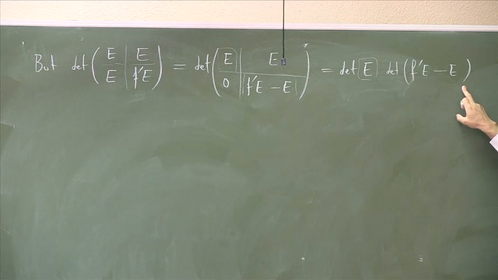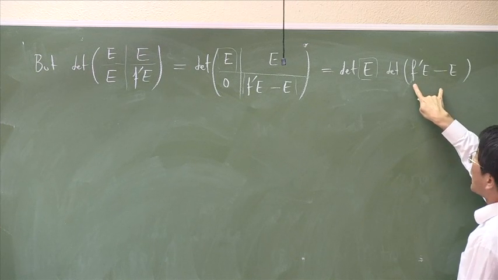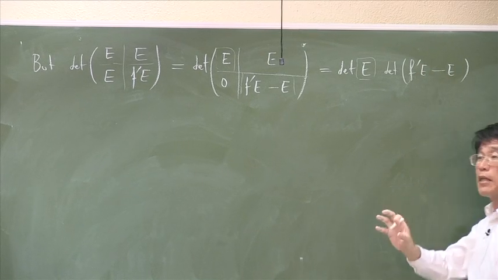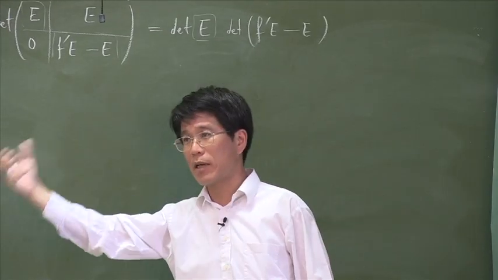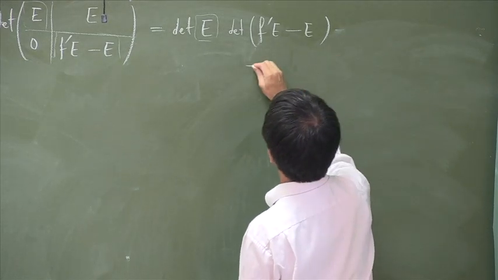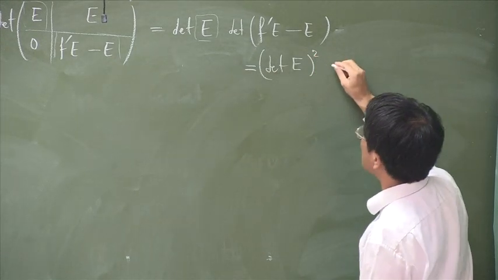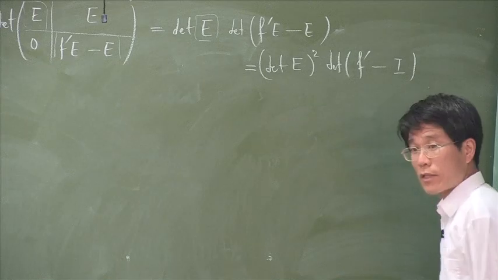I can do a little better. You see, inside this second determinant is f prime minus the identity times e. And determinant is multiplicative. If you have the determinant of AB, it's the same as determinant of A times determinant of B. So this is equal to determinant of E squared, I can take it out, times determinant of F prime minus the identity matrix, on the one hand.